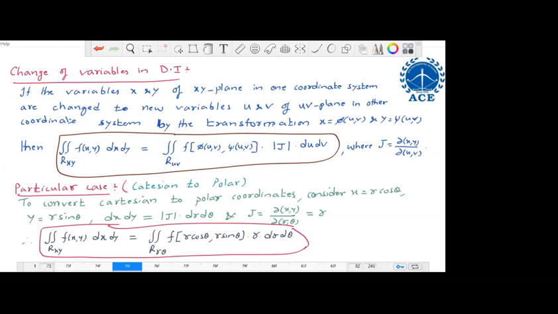And for spherical coordinates, it is dr ar cap plus r d theta a theta cap plus r sin theta d phi a phi cap. So why don't we directly use r dr d theta instead of writing the Jacobian?